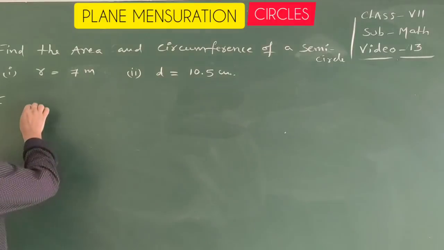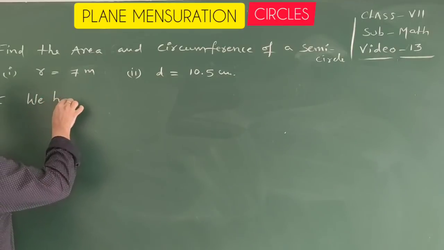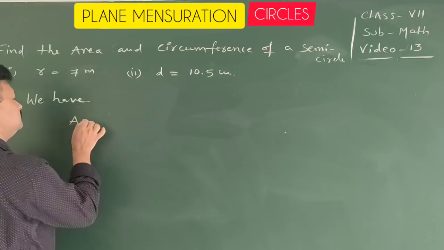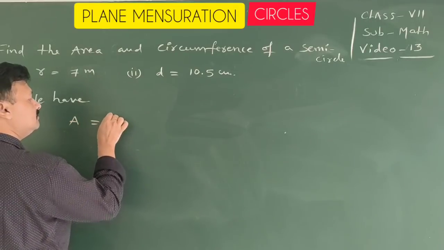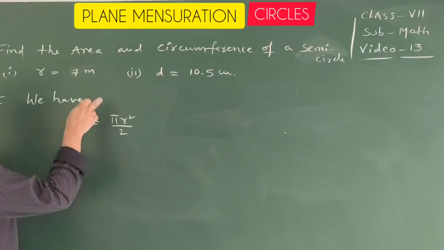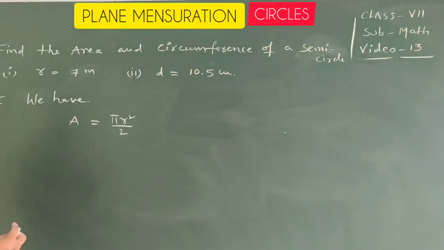Now we have area equal to pi r square by 2. Half the area of a circle is nothing but the area of a semicircle.